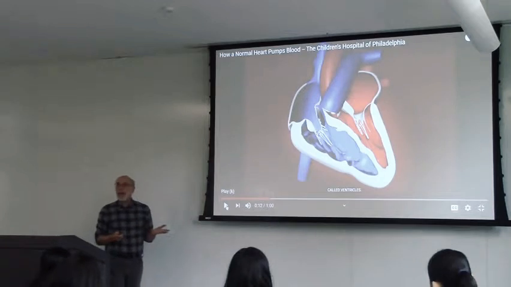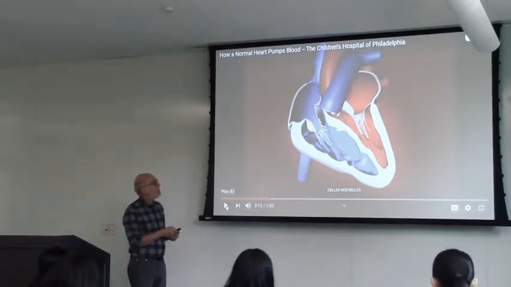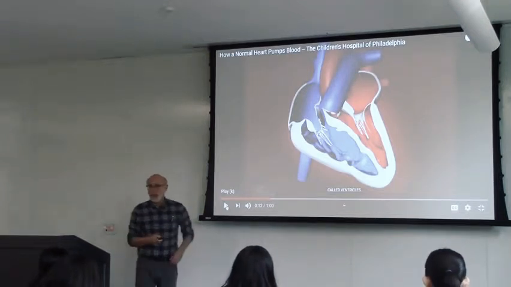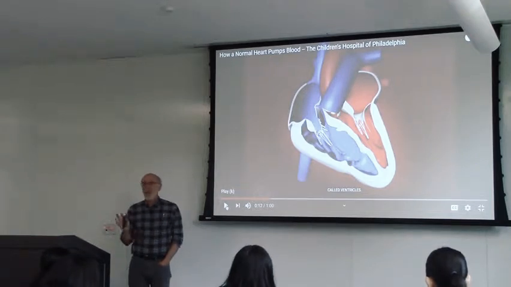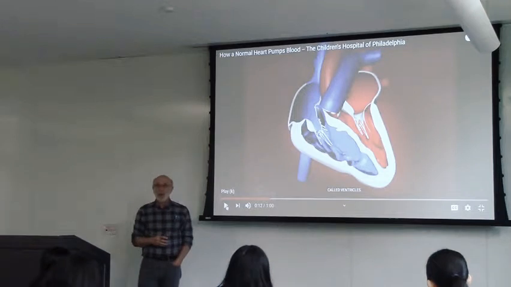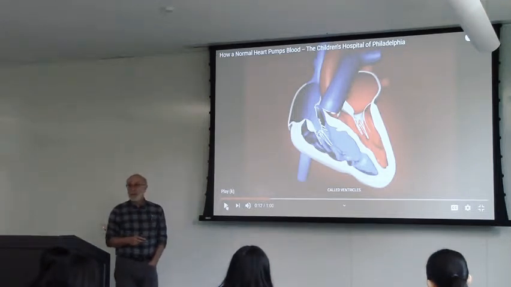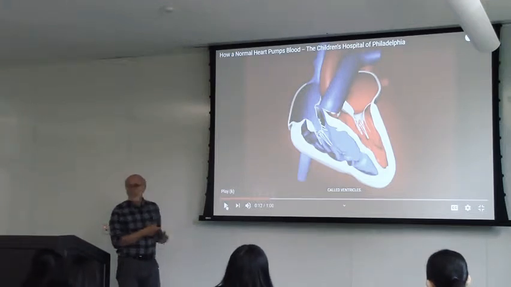This cartoon is not accurate. It shows the wall of the right ventricle being approximately the same thickness as the wall of the left ventricle, and you saw in the pig heart and in the human heart, that's not even close to true. So the right ventricle has a much thinner wall than the left ventricle, and both ventricles have much thicker walls than both atria.